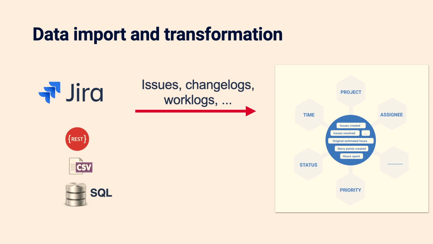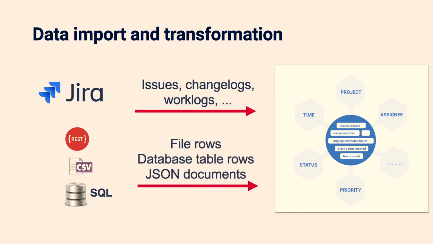We take issues, changelogs, and worklogs, and import and transform them into eazyBI, as well as some other data sources where we can process file rows, database rows, or JSON documents.